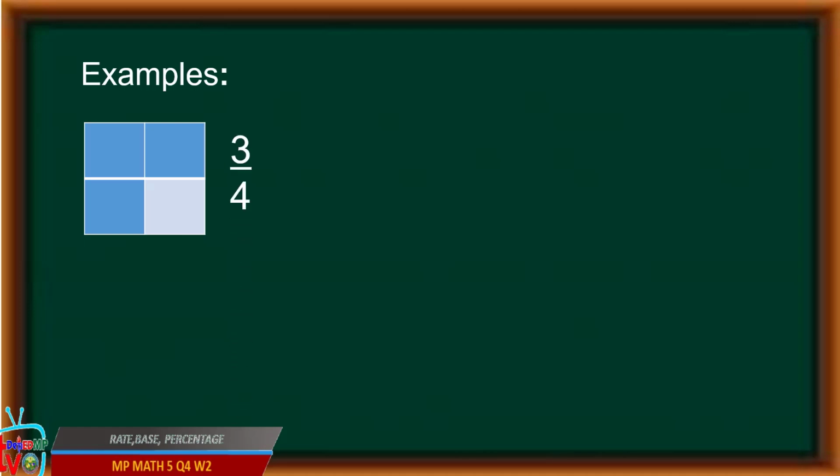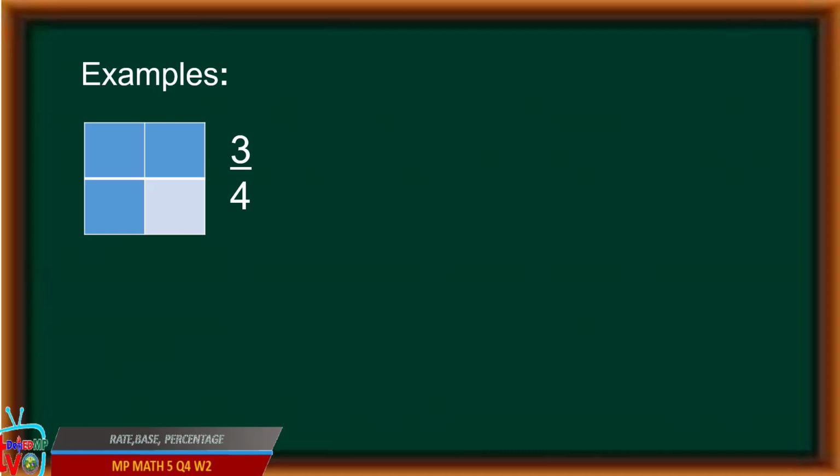Since the whole is equivalent to 100 and it was divided into 4 equal parts, each part should have 25. So we're going to multiply both numerator and denominator by 25.